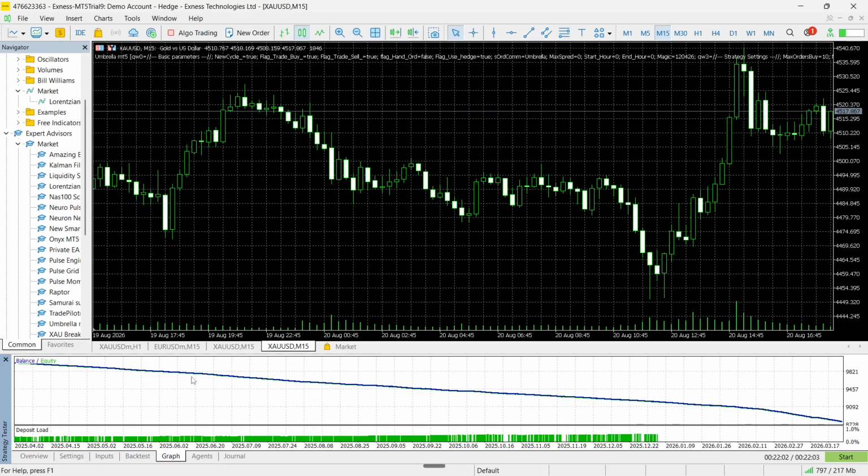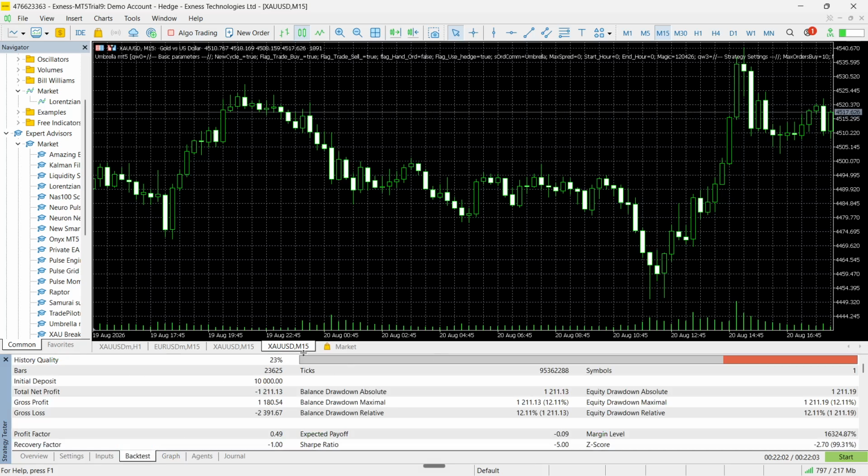See, it actually moves in the opposite direction, almost like a 45-degree line to the downside, as opposed to the upward movement we had on the developer side. So that's actually a pretty bad result, as you can see in the reports here. For the initial deposit of $10,000, the total net profit, or in this case net loss, was $1,211.